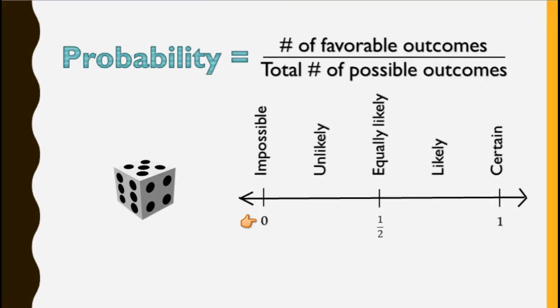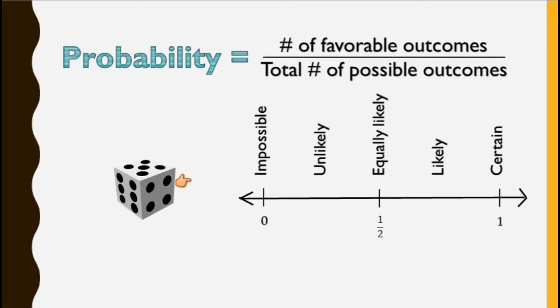That's like me saying, what's the probability of landing on a 7? Well, there's no 7 on this number cube, so the favorable outcome is 0, so it would be 0 out of 6, so it's impossible.